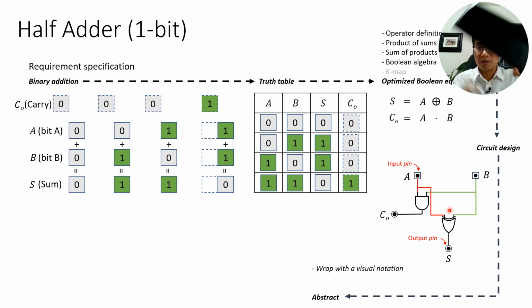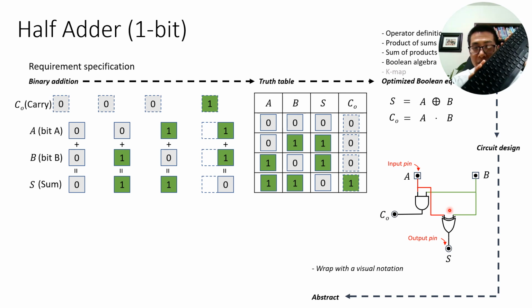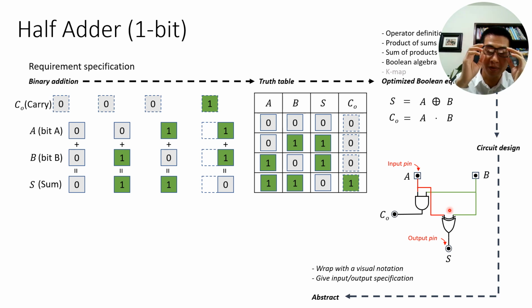Just like drawing a box around the circuit details. Then we also give the input-output specification by describing what the input is and what corresponding output it is going to provide. And then we also give the timing specification, which is how long it takes to go from the input to the output. And this is called abstraction.